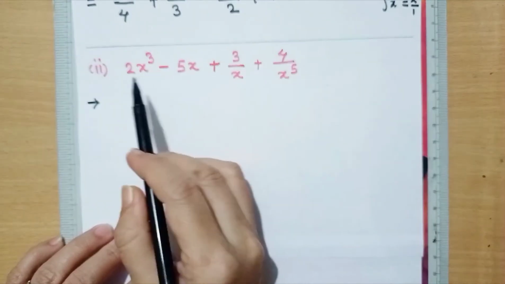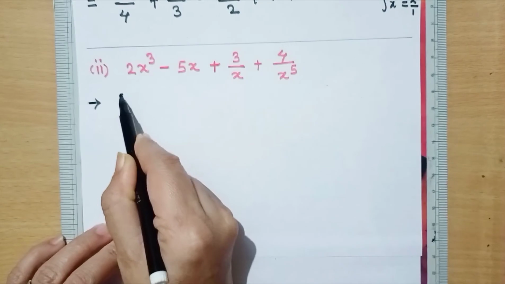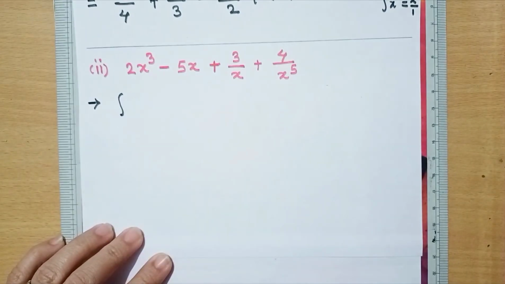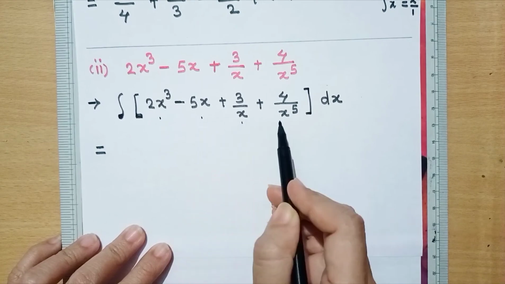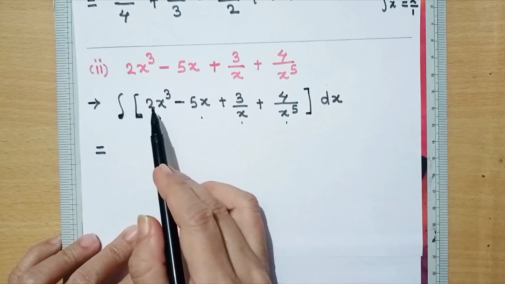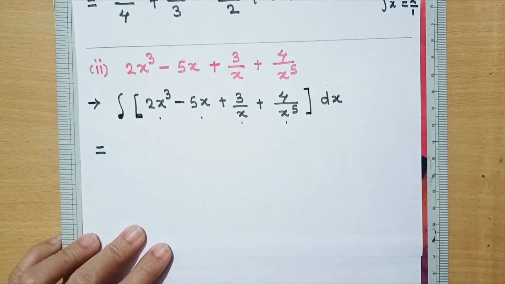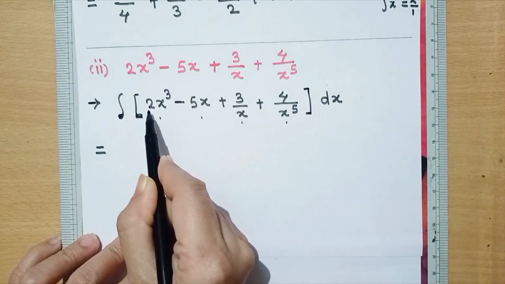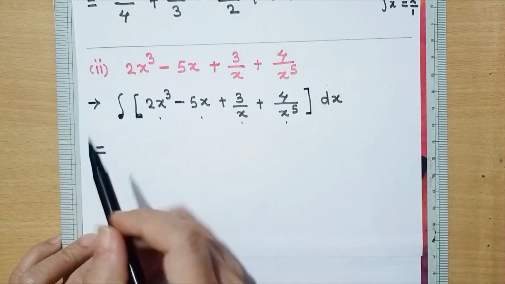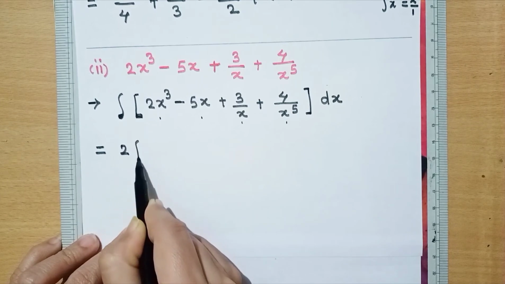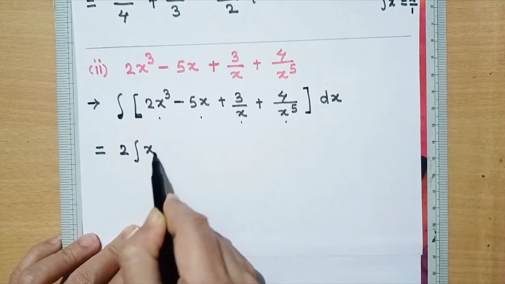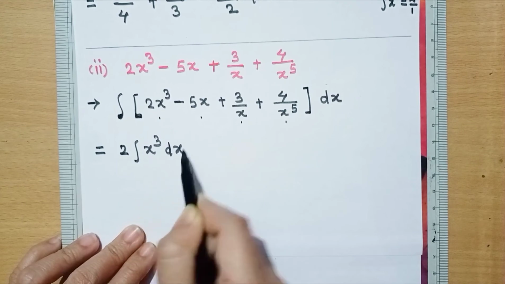This is our second example, and here also we will write integration of this function. Now check, again there are 4 terms. So we will write the integration symbol separately for each, and for the first term this 2 is constant, and again by the above rule we will write this 2 outside the integration symbol, then integration of x cube dx.